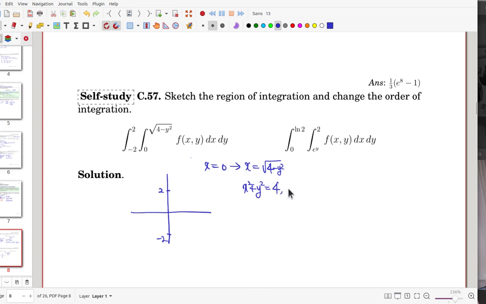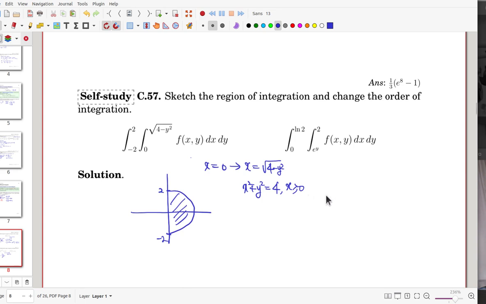Of course here x must be non-negative, but this is a circle of radius 2 on the right side. That's the reason. And you can access this horizontally right now, so you can access this vertically too. So you can do it.